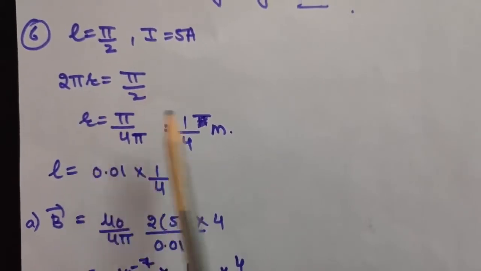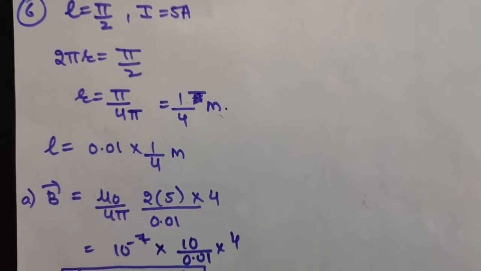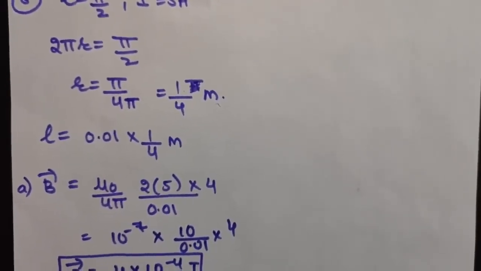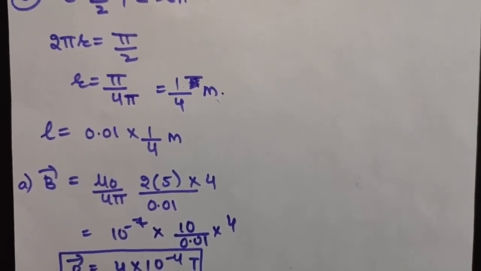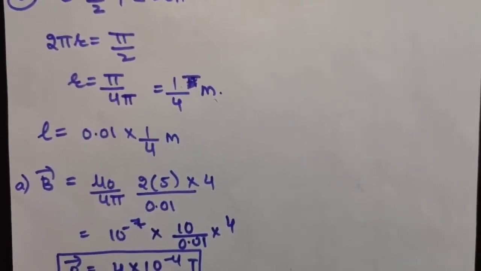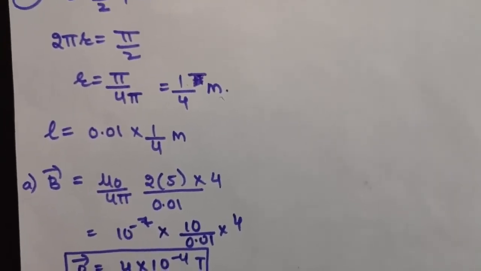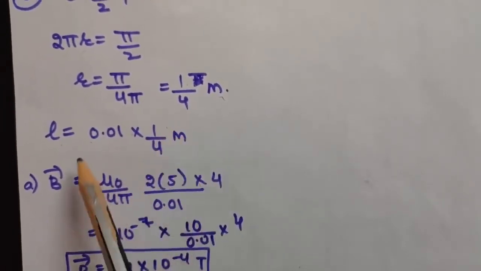From here r will come to be 1 by 4 meters. It is asked to calculate the magnetic field due to it before bending at a point at a distance 0.01 times the radius of the circle. So this is the distance.